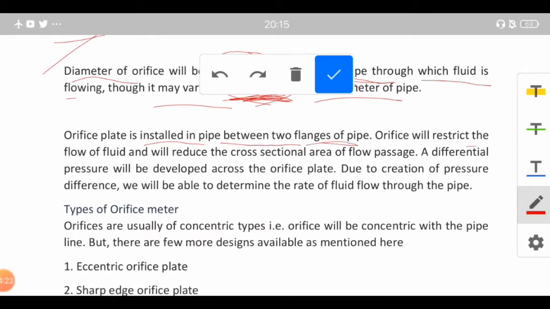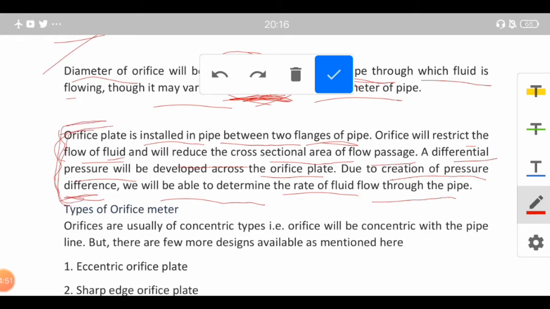The orifice will restrict the flow of fluid and will reduce the cross-sectional area of the flow passage. This is quite similar to the venturimeter, and a differential pressure will be developed across the orifice plate, and due to the creation of this pressure difference we will be able to determine the rate of fluid flow through the pipe. We studied the reason why we use the venturimeter as a flow measuring device.